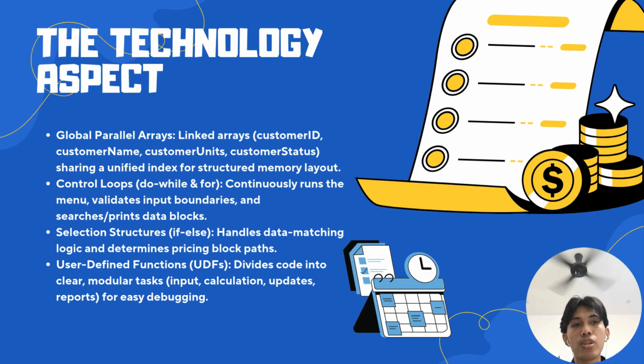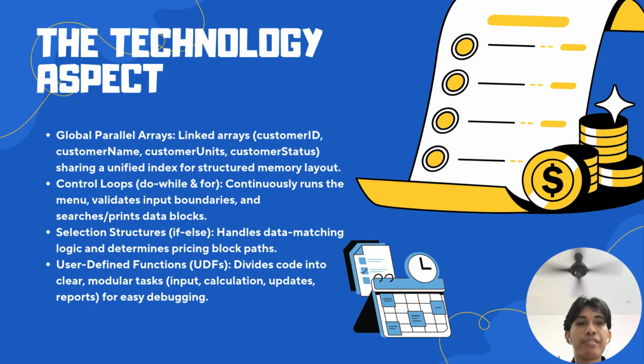First, we use global parallel arrays to store customer information such as customer ID, customer name, units consumed, and payment status. Next, control loops, including for loops and do while loops, allow the program to repeatedly display the menu and process user input.